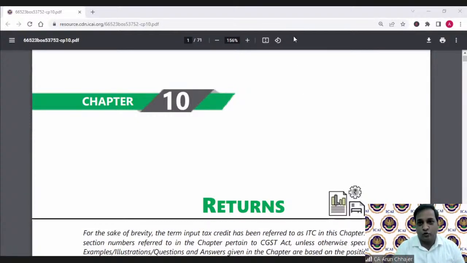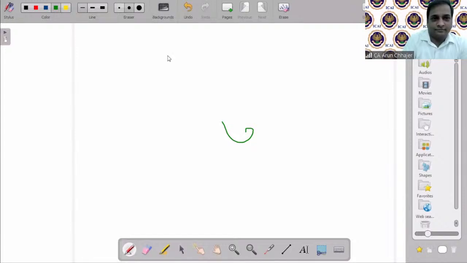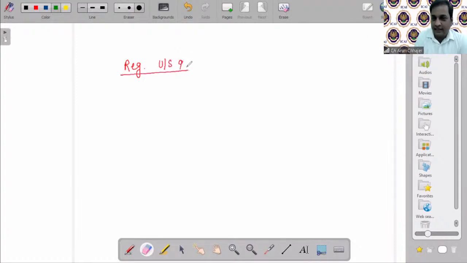GSTR1. A registered person, a person who is registered under section 9, a regular dealer, needs to file two returns, GSTR1 and GSTR3B.